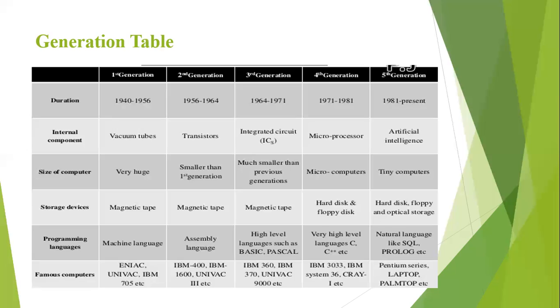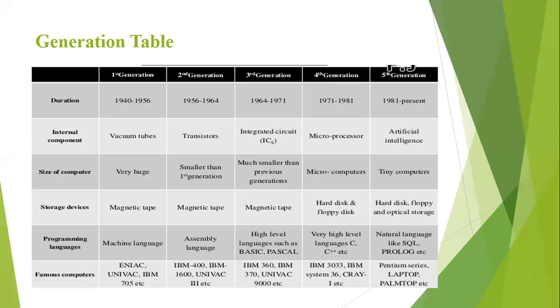Fifth generation, duration was 1981 to present. Internal component was artificial intelligence. Size of the computer is tiny, because look at the size of the smartphones, tabs or laptops of today. The size is very minimum. Laptop, palm top, personal digital assistants. You can keep it on your palm.